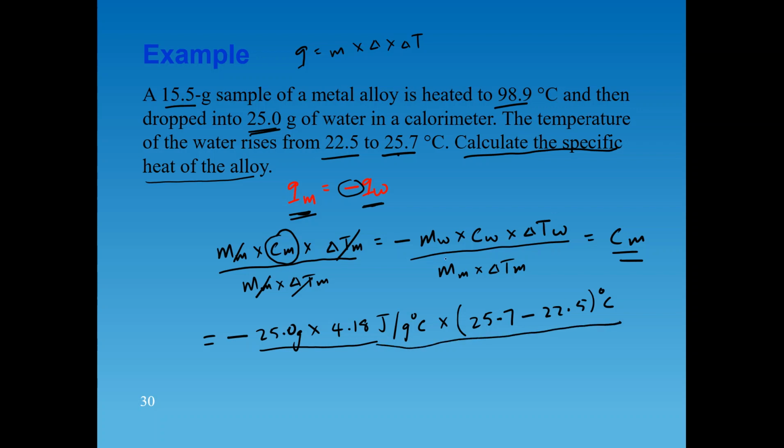And then below that, we have two things we have to figure out. The mass of the metal, which is given here, 15.5 grams. So we're going to put that down here, 15.5 grams, times the change in temperature of the metal. Now, this is where we have to be careful, because remember what I said. As far as the metal is concerned, when you add it to the water, the temperature falls from 98.9 to the same final temperature as the water, which is 25.7, right?